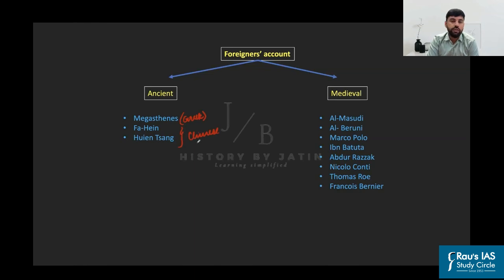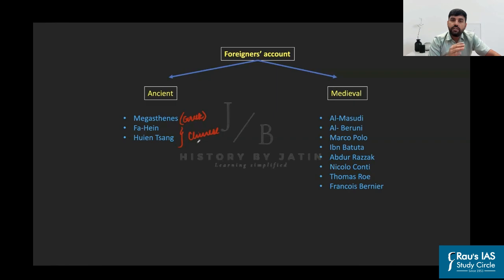So he wrote everything good, right? But Fayan did not write about Chandragupta II or Vikramaditya. But whatever happened, these three people, Megasthenes, Husang and Fayan, observed a lot about India's ancient history. So these are foreigners' accounts.